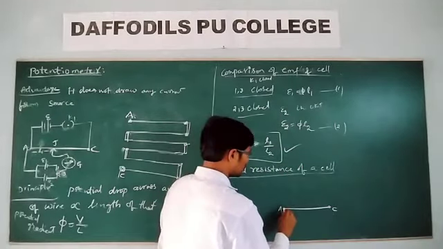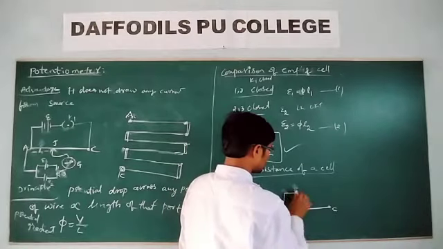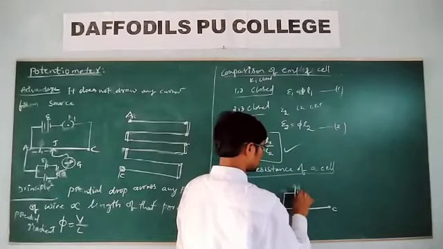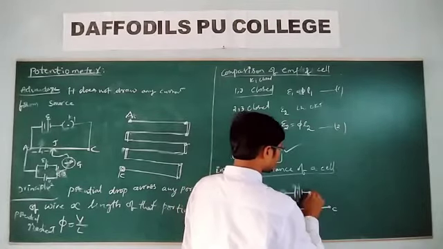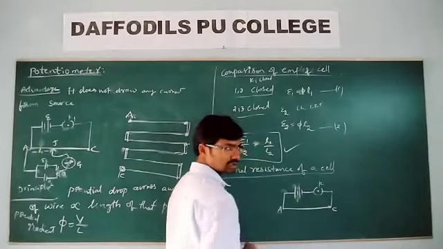This is connected to a cell, and the other end is given to the tap key K1 through a rheostat.